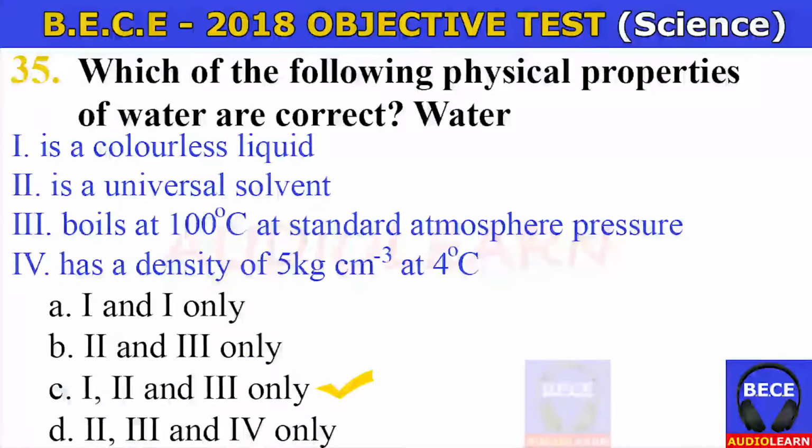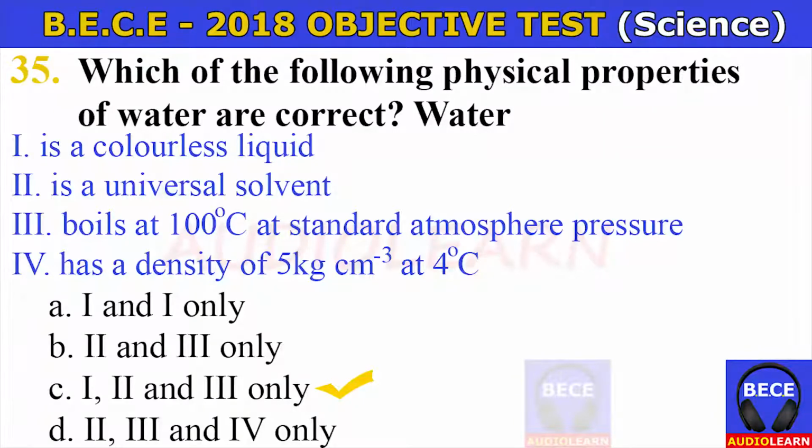Number 35. Which of the following physical properties of water are correct? Water, I, is a colorless liquid. II is a universal solvent. III boils at 100 degrees Celsius at standard atmospheric pressure. IV has a density of 5 kg cm^-3 at 4 degrees Celsius. And the possible answers are A, I and II only. B, II and III only.